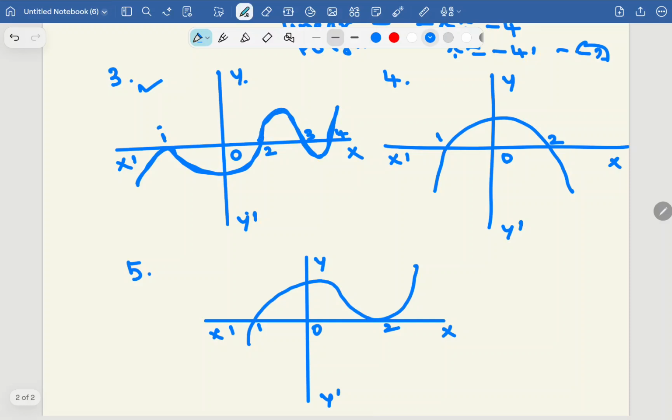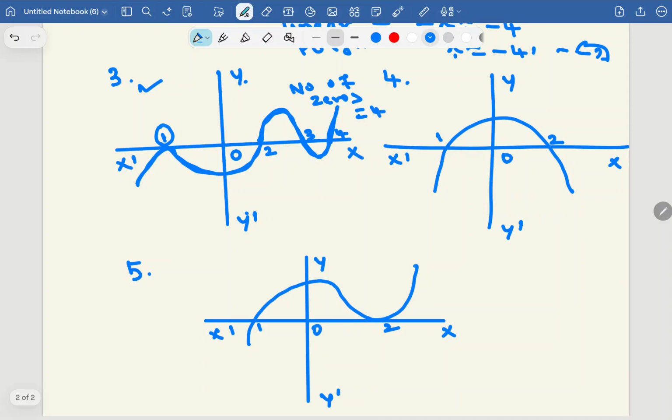See, here the curve touches the x-axis, here it cuts the x-axis, here the curve cuts the x-axis, here the curve cuts the x-axis. In how many points? Here 1, 2, 3, 4. Therefore, number of zeros is equivalent to 4.